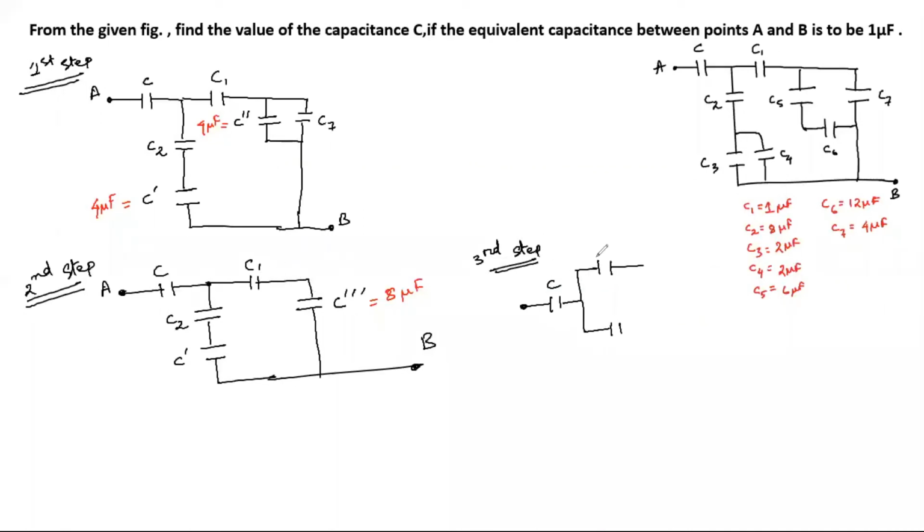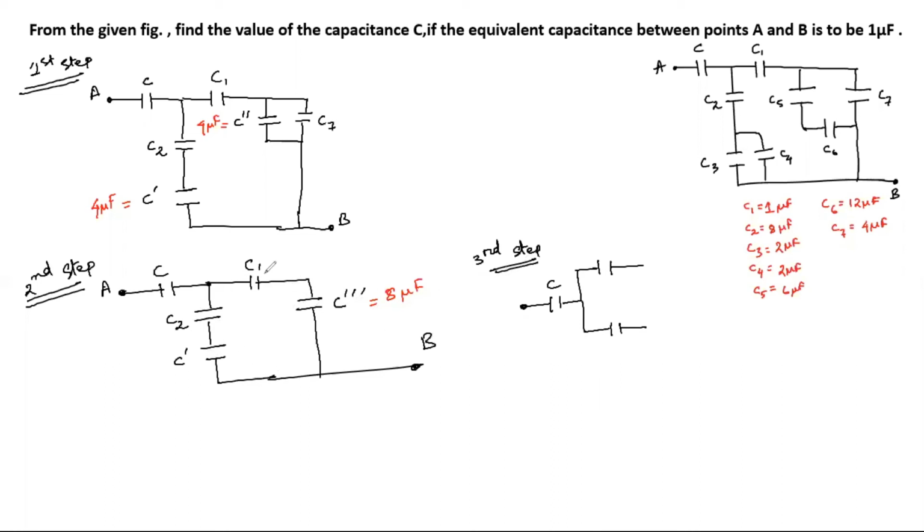So in this branch, this capacitor will be the effective capacitance of C1 and C triple dash, and in the other branch, this capacitor will be the effective capacitance of C2 and C dash. Alright.